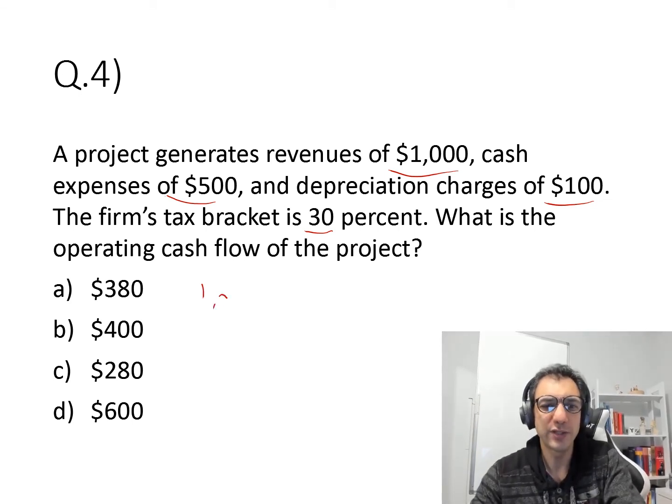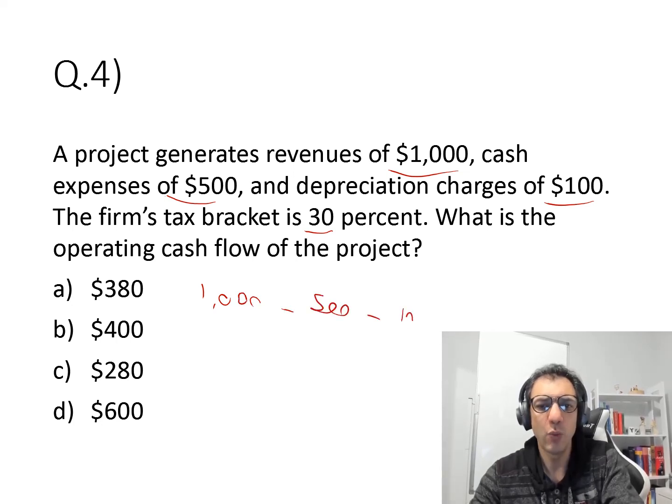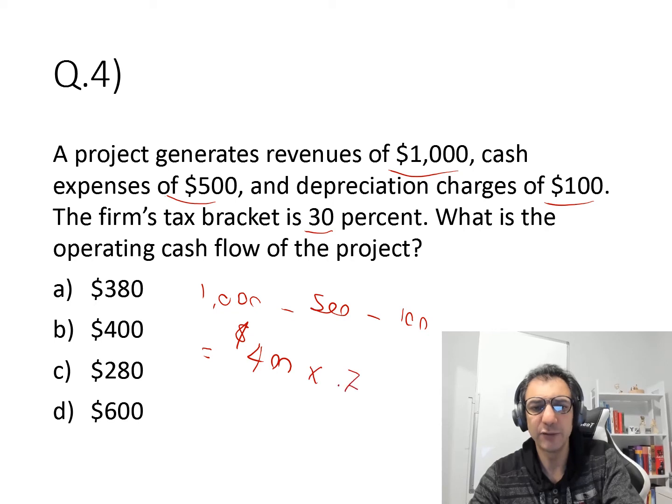So we'll start with $1,000 minus $500 minus $100. So this gives you $400. You are paying 30% tax on this. So in other words, 70% is left for you.